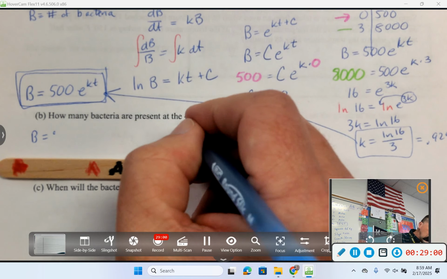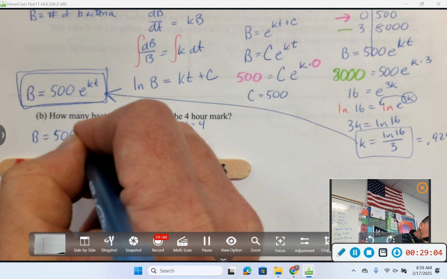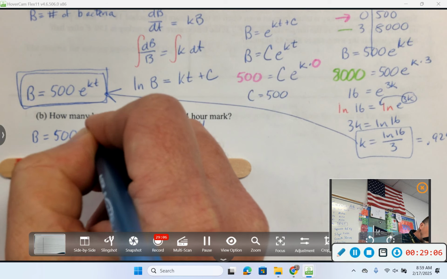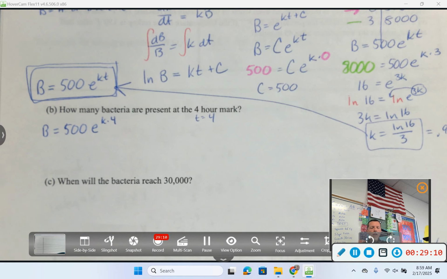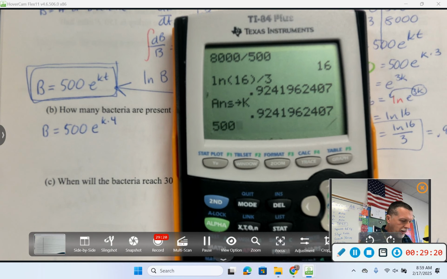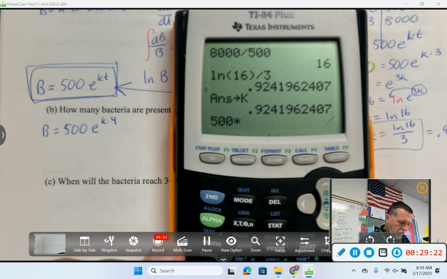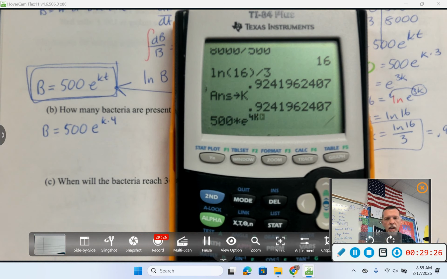Okay, so when T equals 4, let's plug in T equals 4. So 500 e to the K times 4. My calculator knows what K is now, since I told it. And the calculator has always known what E is. So 500 times E to the 4K.